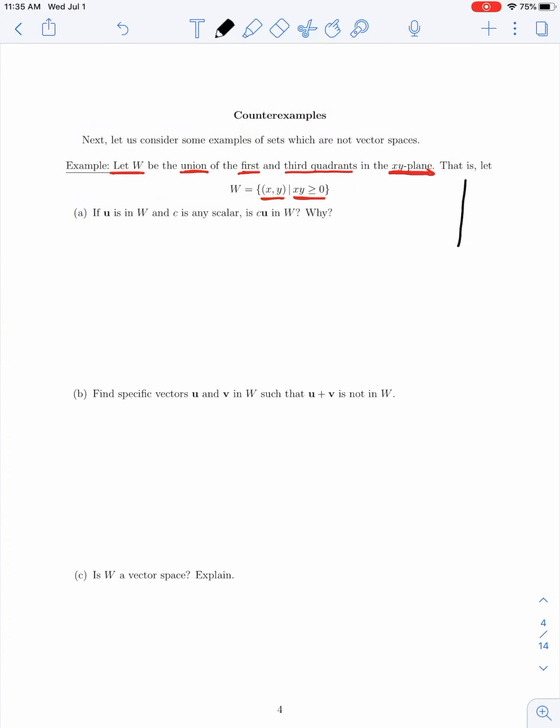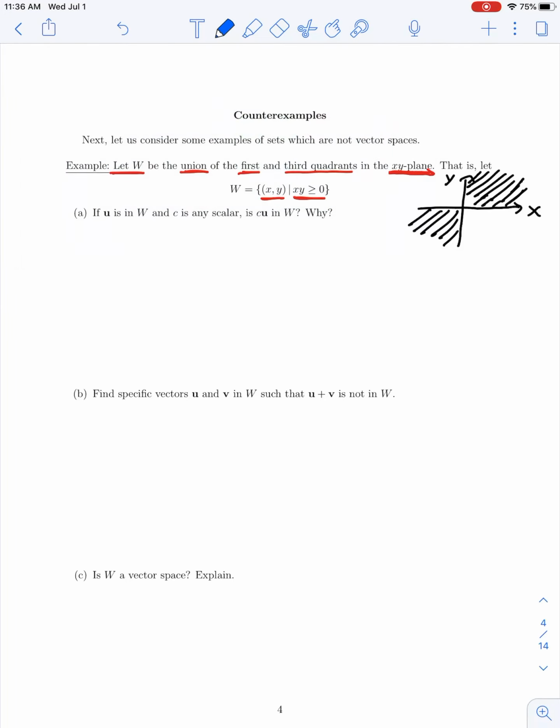W is the part of the xy plane which consists of the first quadrant, so points where both x and y are positive, and the third quadrant, points where both x and y are negative, so that the product of x times y for points in either quadrant must be non-negative.